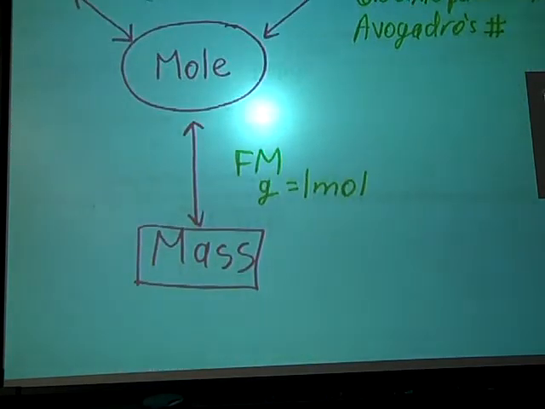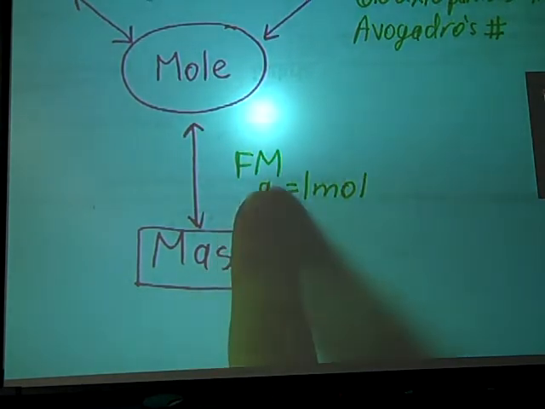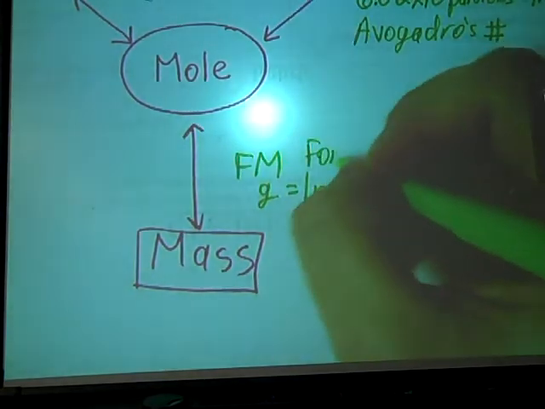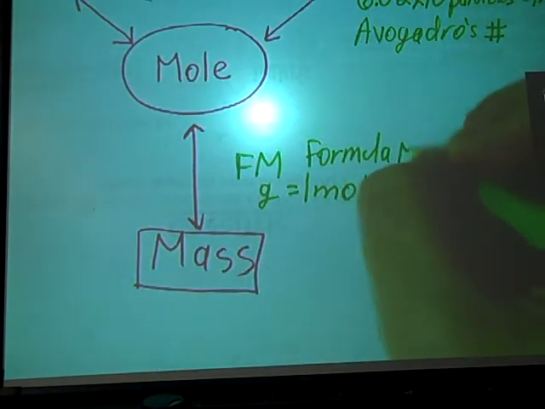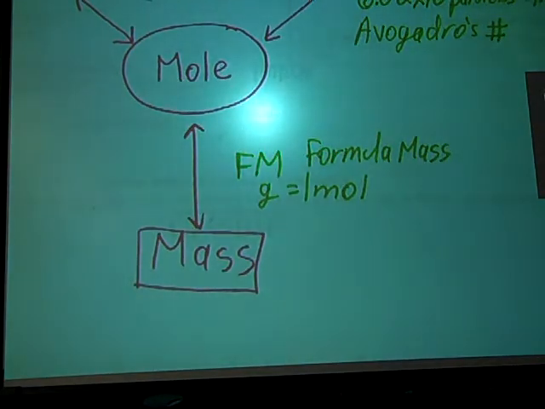The bottom leg here, between mole and mass, our conversion factor between those two is what's known as the formula mass. And the formula mass is nothing more than the masses on the periodic table added together.